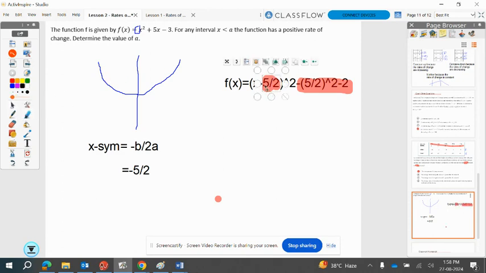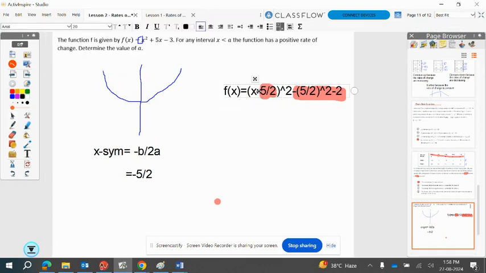It's plus 5, not minus 5. So this is x plus 5 over 2, so this is minus 2.5. And we want the positive rate of change, so our answer here is going to be x is greater than minus 5 over 2.